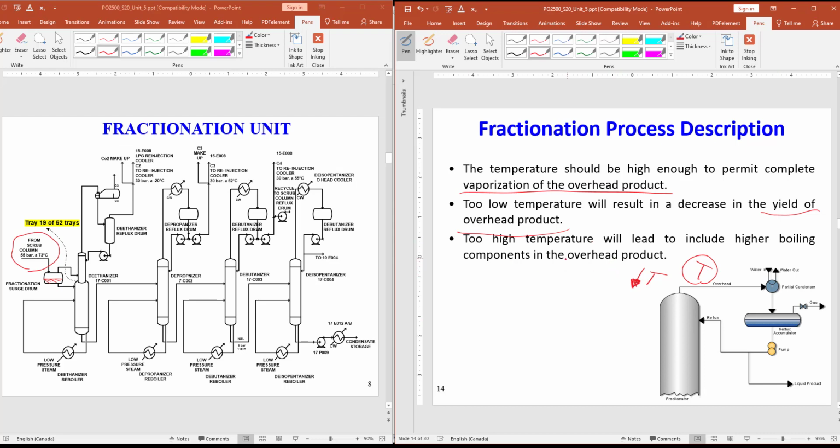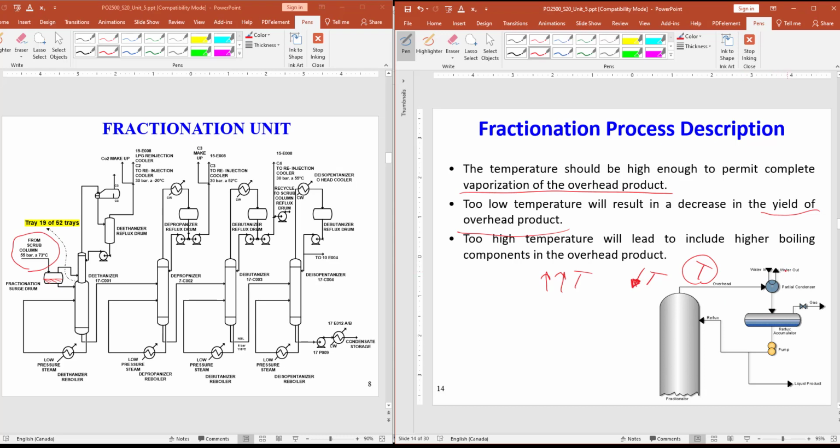Okay, and too high a temperature will lead to including higher boiling points. If you increase the temperature too much here, you might have some of the heavier molecules, heavier than ethane, let's say butane, propane, go to the vapor phase, to the product phase.